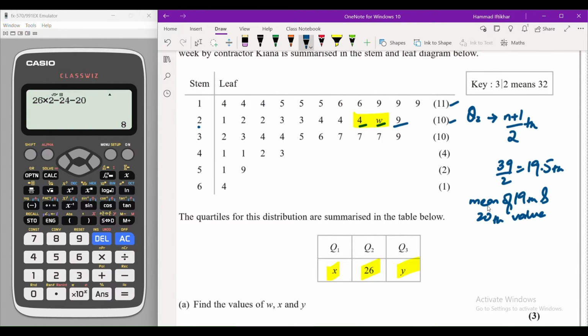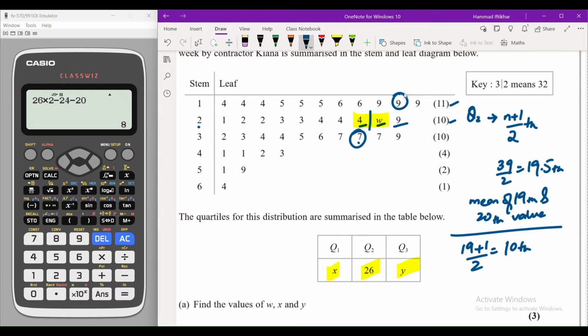Similarly, now we have separated the data into 19 and 19. 19 plus 1 divided by 2, we get the 10th value from either side. So counting 1, 2, 3, 4, 5, 6, 7, 8, 9, 10.